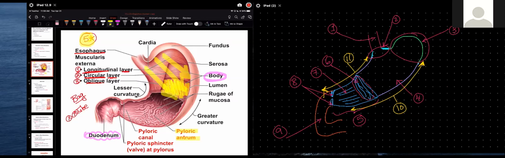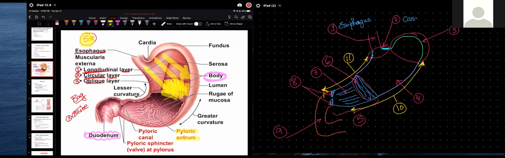Again, let me answer this with you. So number one, what did you put as number one? Any answers here? This is my esophagus. And number two, what did you put for two?